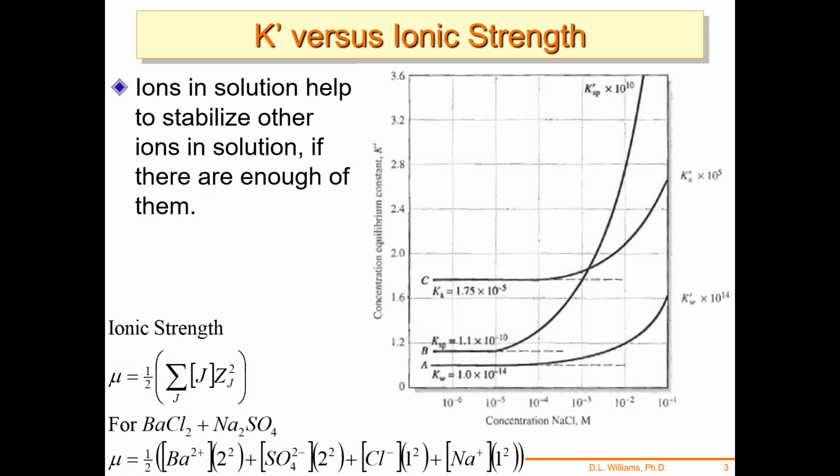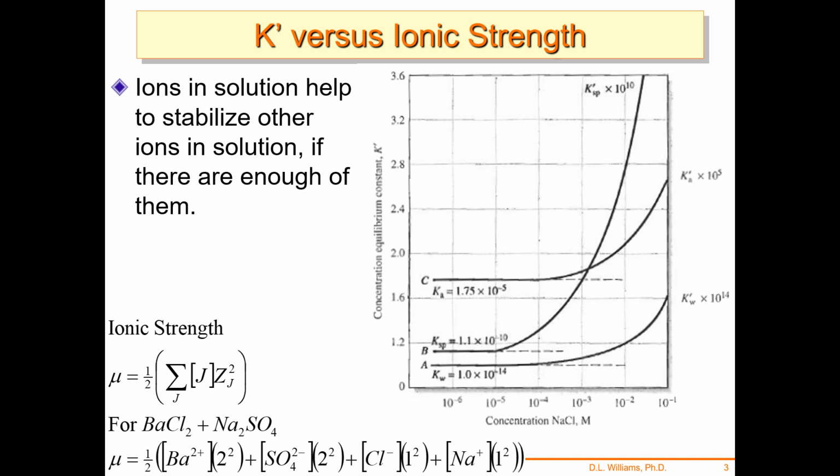So down here we have a concentration of sodium chloride, and we have various equilibrium constants. This is Kw, the auto-ionization of water. Now, sodium chloride does not participate in water auto-ionizing. This is water breaking into hydronium ion and hydroxide ions. So where is sodium chloride in that reaction? It's not.